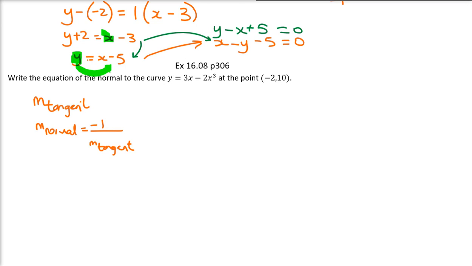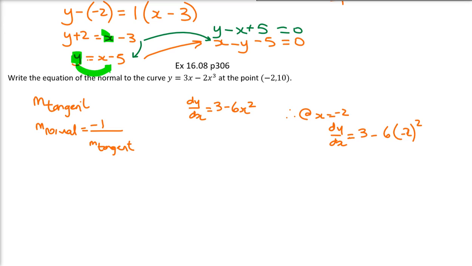So to do this one, dy by dx is going to be equal to 3 minus 6x squared. Happy with that? Therefore, at the point x equals negative 2, dy by dx is equal to 3 minus 6 lots of negative 2 squared.